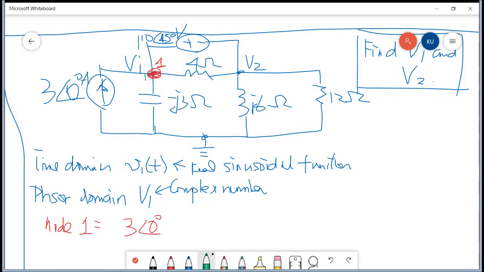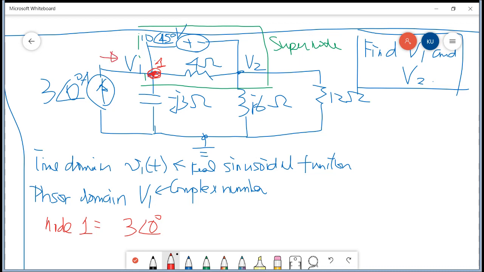So the first current, this is going in, this is going out.